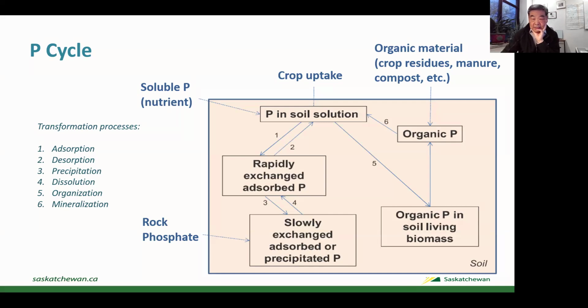Another big cycle is the inorganic P cycle, which could start from anywhere because it's a cycle. So we would say soluble P in soil solution moves to a rapidly exchangeable form, and it will be attached to the soil particle surfaces.